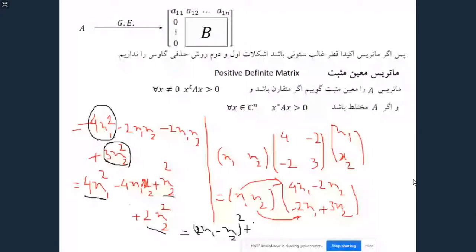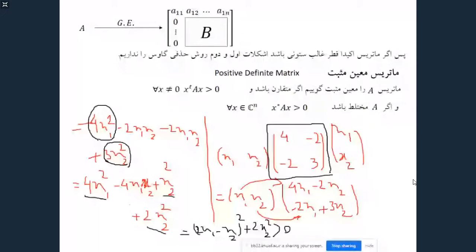And if x1 and x2 are non-zero, it is greater than 0. So it is a positive definite matrix.